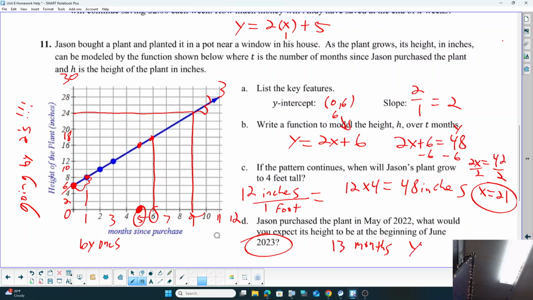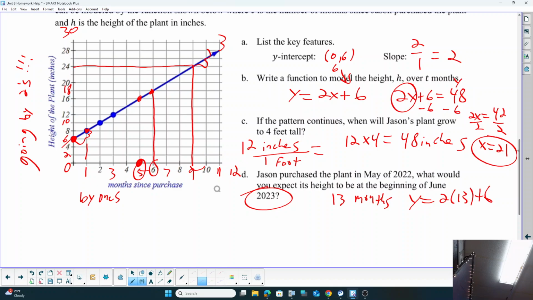And so then we'll go y equals, 13 for x. So that's 2 times 13 plus your 6. I'm not sure about this, but we'll try it. So that's going to be 26 plus 6. Where did you start?